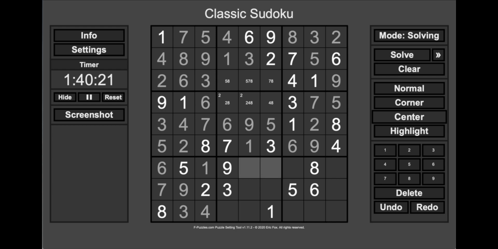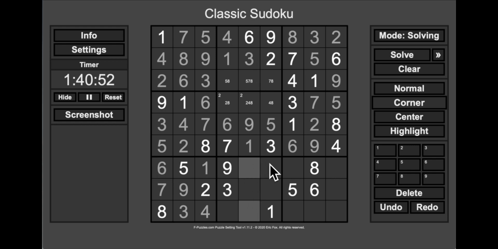Let's see. This 6 rules out these cells. This 6 rules out these cells. This 6 rules out that one. This 6 rules out the... The 6 rules out here.